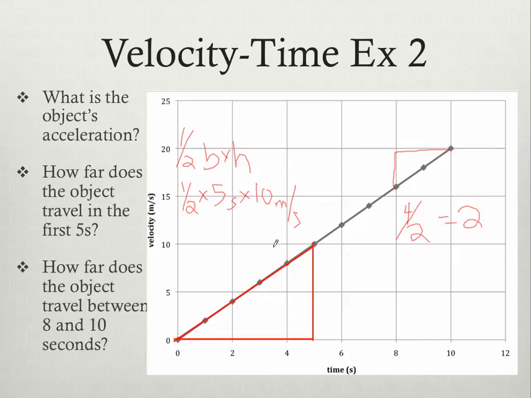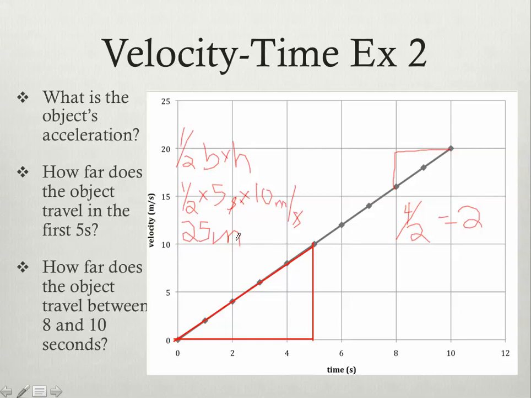So you can see that the seconds cancel out. And we have 1/2 times 5 times 10, which equals 25 meters. So in the first 5 seconds, the object travels 25 meters.